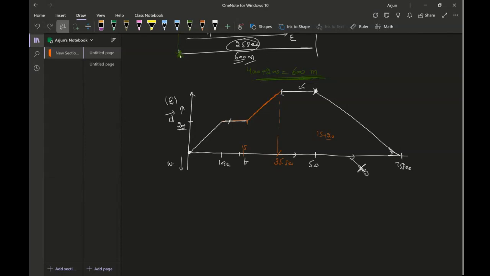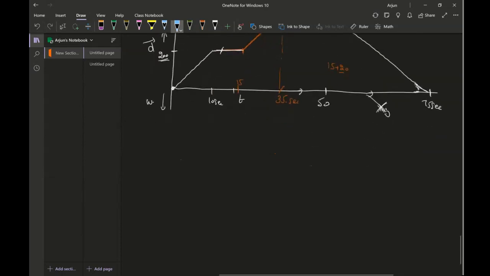Now, I wanted to find the velocity, and I wanted to find the velocity for each section. Before I start finding the velocity, I wanted to tell you the velocity formula, which is equal to D final minus D initial divided by time.